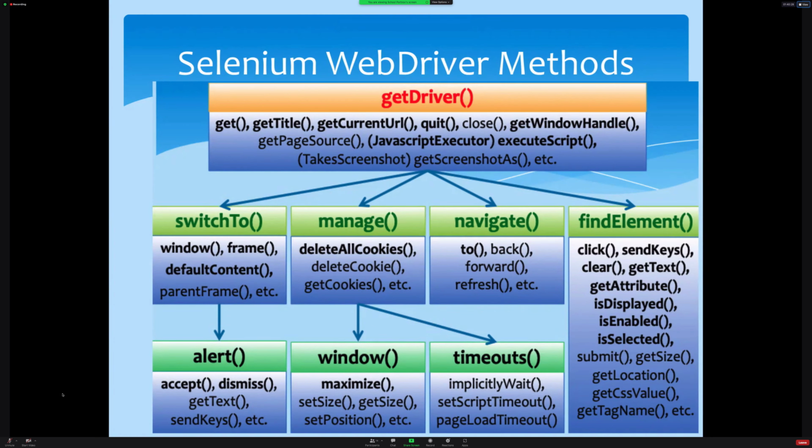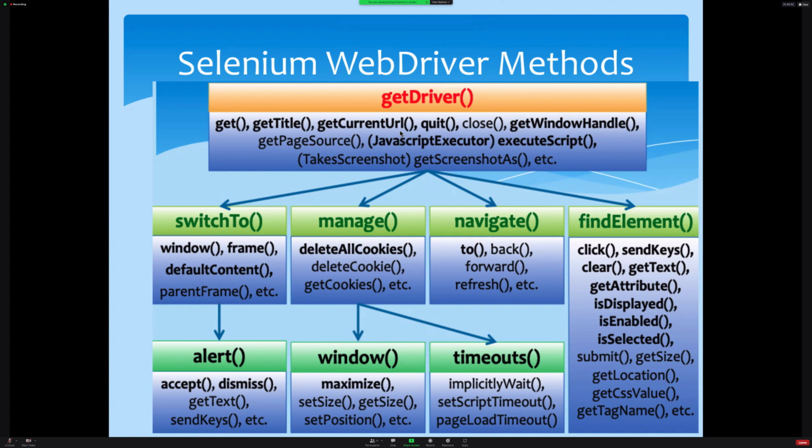So when you look at this chart, you see that it also reminds of a tree directory structure. You always have to start with the command getDriver. It is number one. And then we follow this dot notation, right?